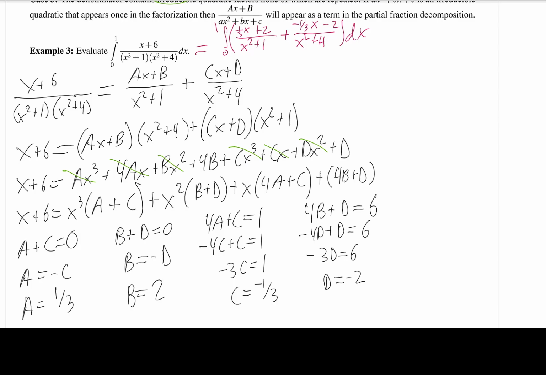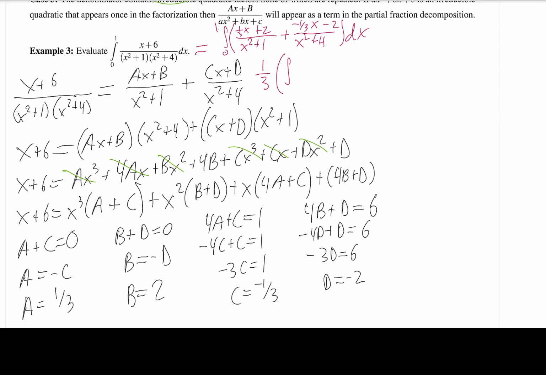Now this one I'm just going to walk through a couple steps to understand how we would do this. So this becomes the integral from 0 to 1. I'm going to break these up into two separate integrals. Actually, first I was going to pull out a factor of 1/3 from everything.